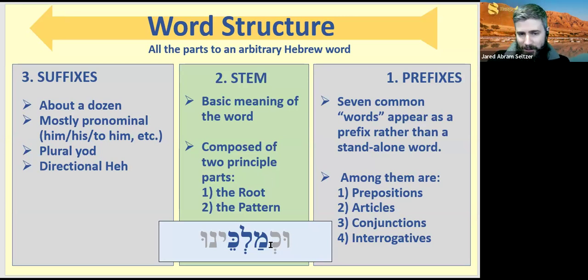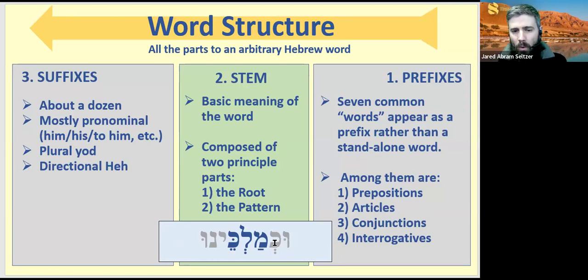So the stem, which is nested in the middle of, or I guess I can call it the heart of a more complex word, is going to have 2 principal components: the root and the pattern. You can see right here, I've given you an example word. By biblical standards, this is a pretty long word.